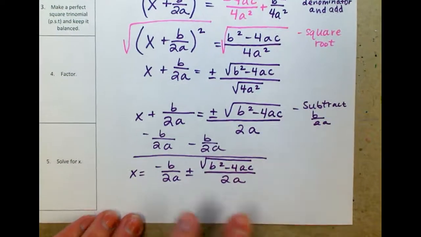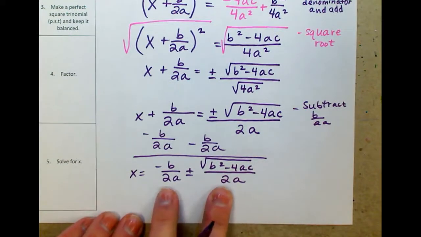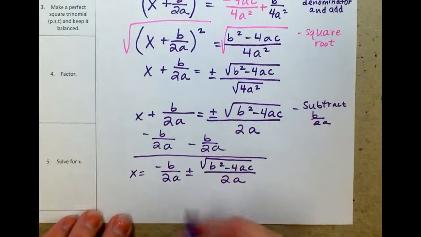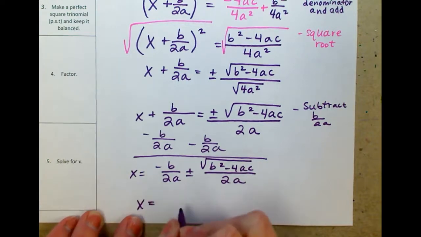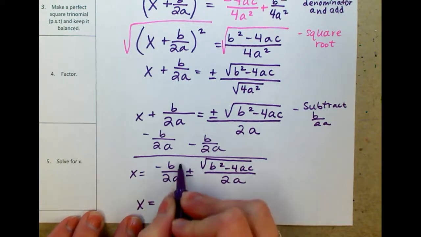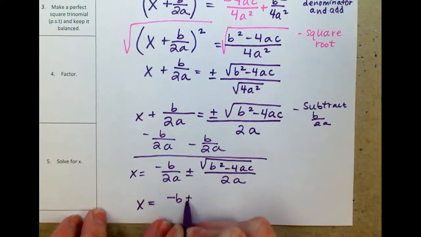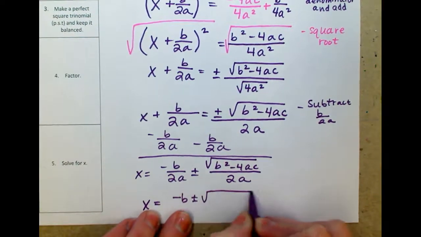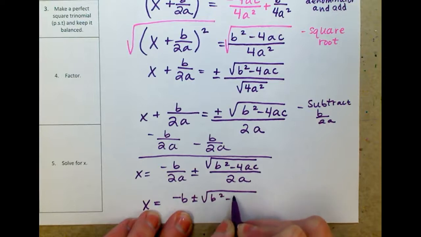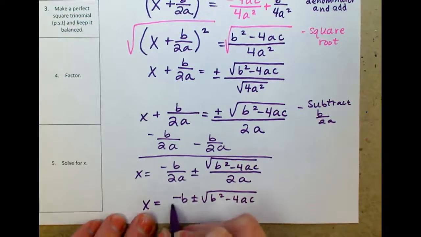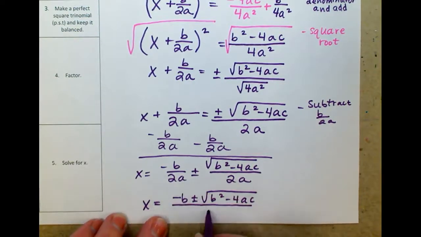Now remember, when we have the common denominator, we can rewrite this as one fraction. So now I have x equals, I can combine these two, negative b plus or minus the square root of b squared minus 4ac, all of it over the common denominator of 2a.